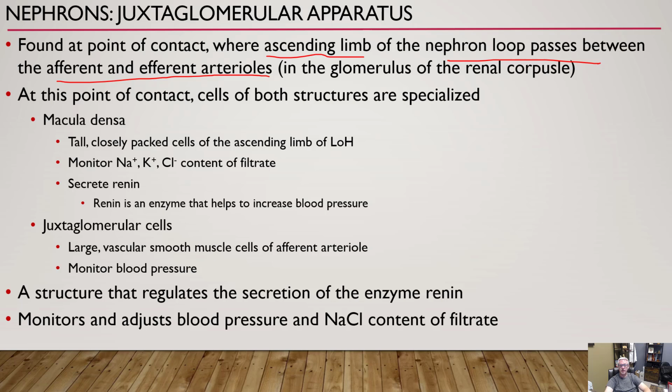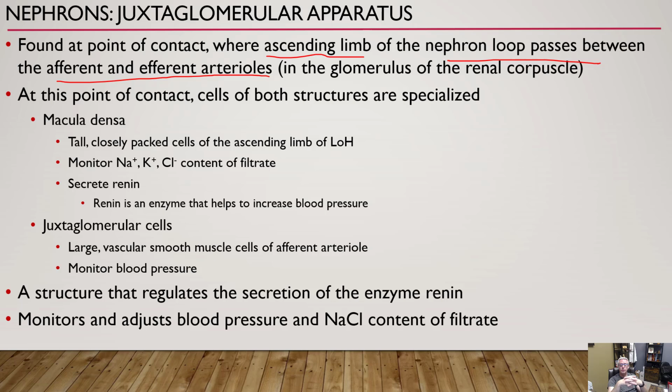Your juxtaglomerular cells are also going to look at blood pressure. But instead of secreting something, what they can do is adjust the diameter of your afferent arterioles. So remember vasodilation, vasoconstriction.